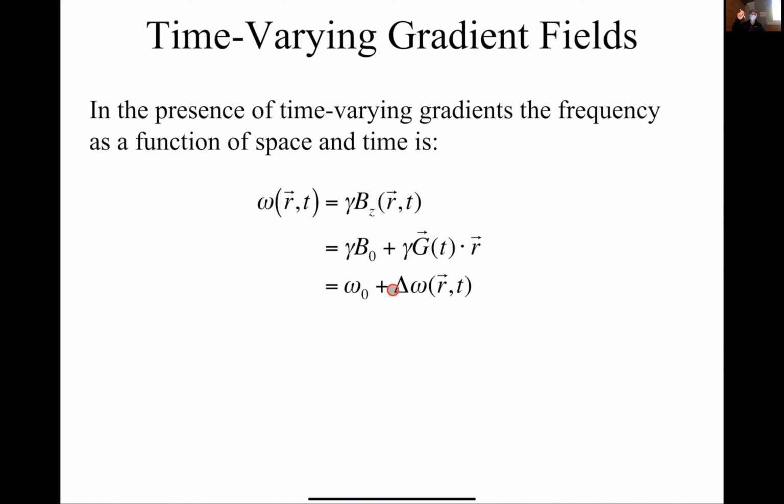So very similar to the first problem we did. At isocenter, we're always at omega naught. As we move away from isocenter, delta omega can be either positive, which means it's going at a faster frequency, or negative, which means it's going at a lower frequency. And delta omega is just given by gamma G dot r, and this is a function of both space and time.